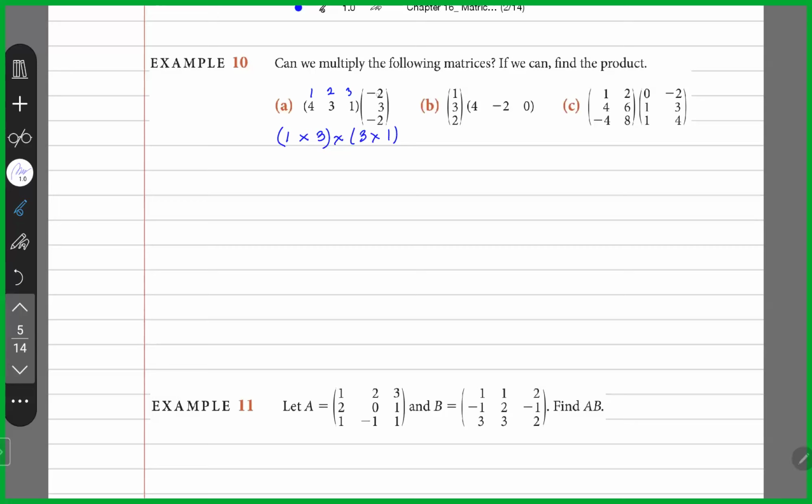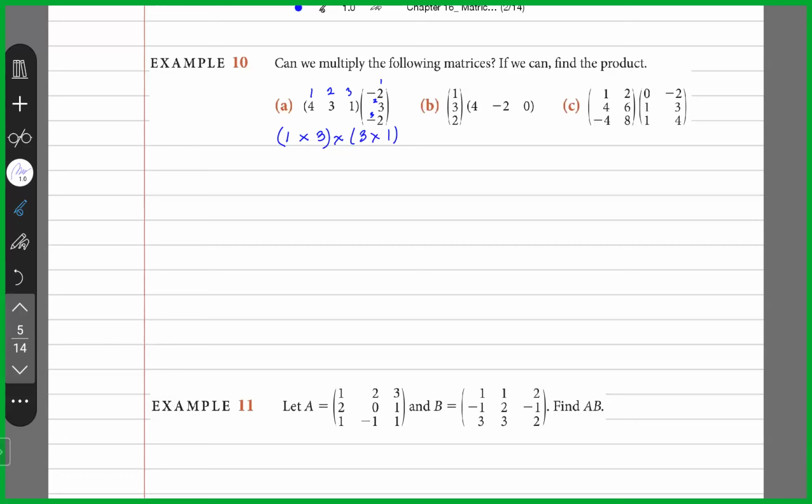So this is the first element, second, and this is the third element. First, second, third. How do we multiply a row by a column? It is the first element in the row multiplied by the first element in the column, plus the second element in the row by the second element in the column.